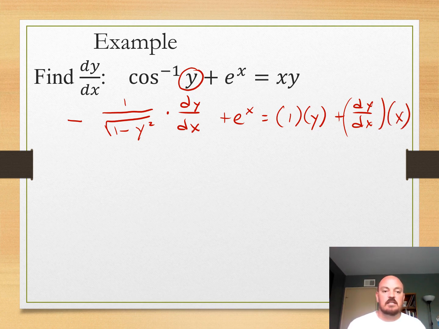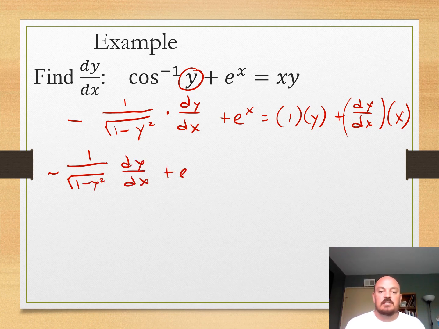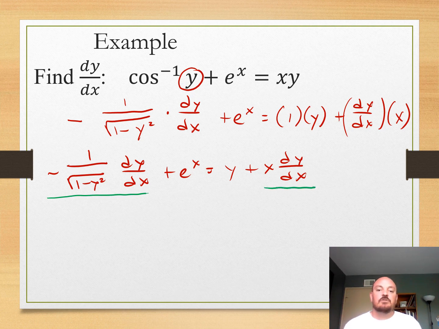So if we clean this up a little, the first part I'm just going to leave. Negative 1 over square root of 1 minus y squared dy dx plus e to the x equals y plus x dy dx. So when I'm looking at this question, I have a dy dx term here and a dy dx term here.